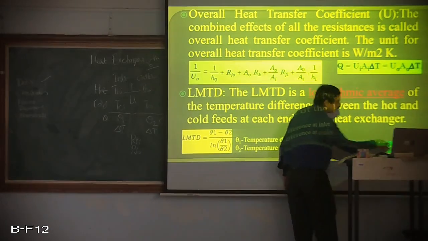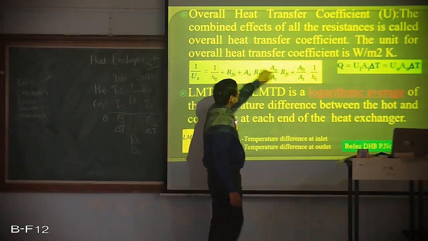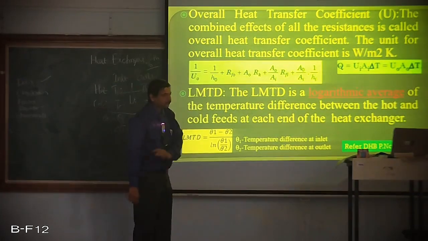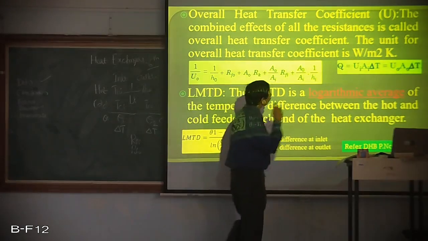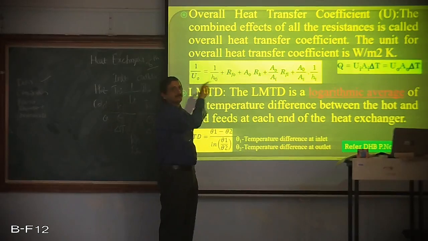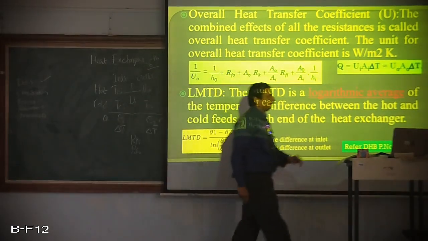So once again, please refer to page number 155, I suppose, where both the equations have been given. Whenever the overall heat transfer coefficient is being asked, please don't forget to mention even the equations.